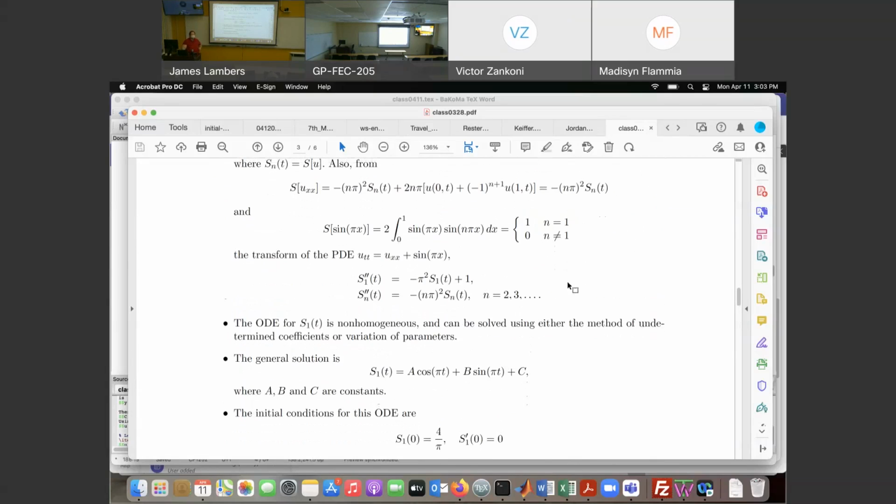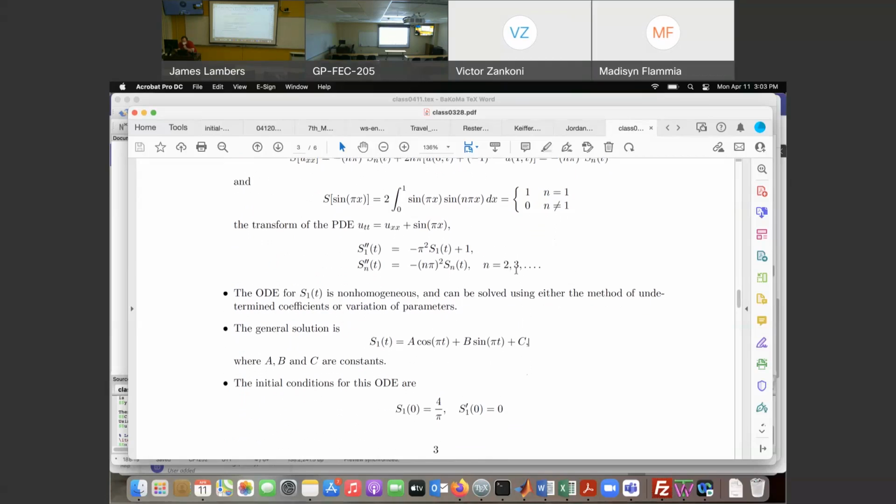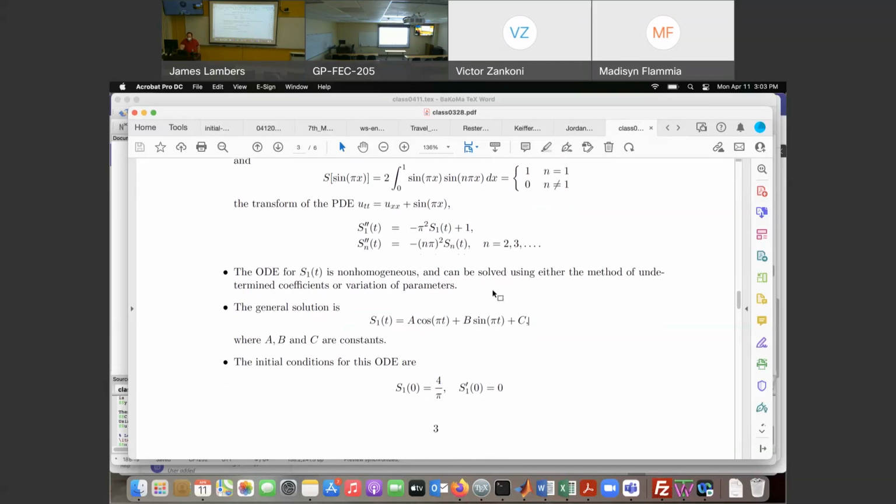So it would again be a +1, but for a different n. Because it'd be for n equals 3, that would affect these constants here, which would come from this constant being different. So it'd be like minus quantity 3 pi squared.